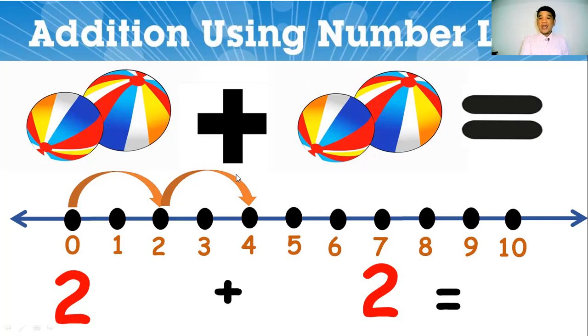So altogether, that is 4. Therefore, the answer must be 4. There are 4 balls altogether. That's right.